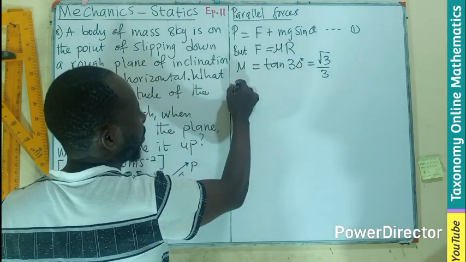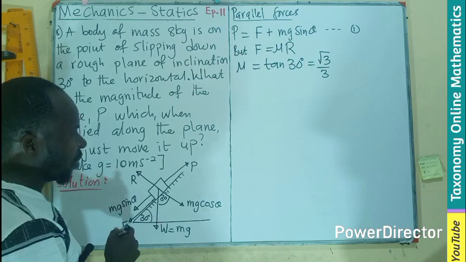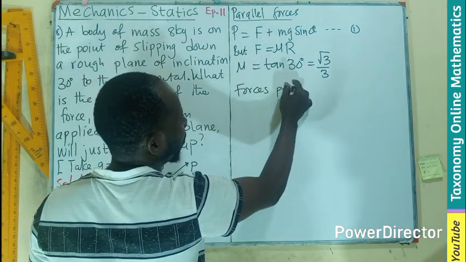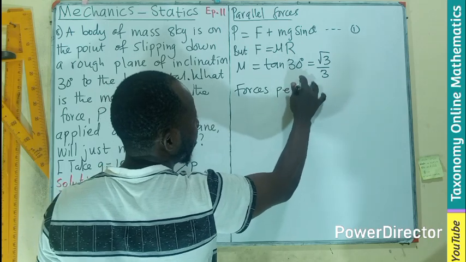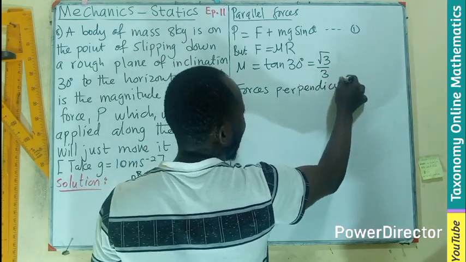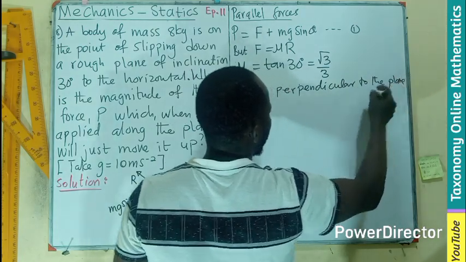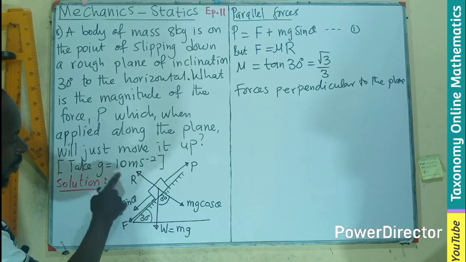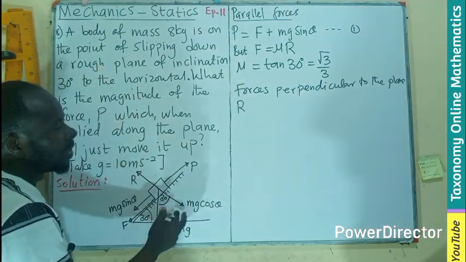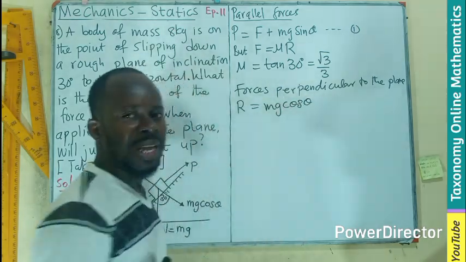Then for forces perpendicular to the plane, those forces are the upward force and the downward force. The upward force, the normal reaction, equals mg cos theta.